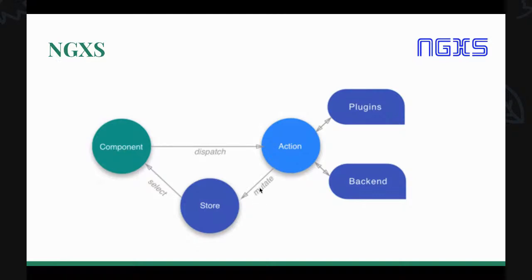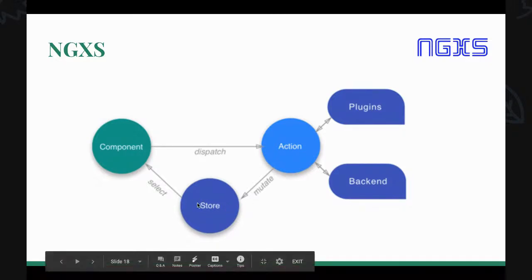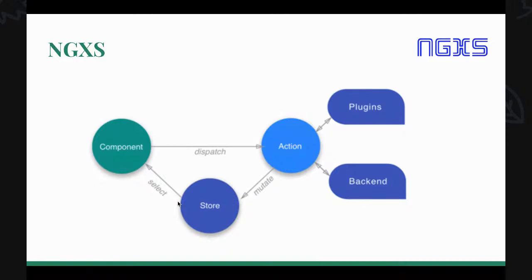This action is now responsible for changing the state. Mutate is a word for change. So it's changing the global store. He liked it, so maybe I'm going to add +1 to the post that I'm seeing. This entire action is changing the store, and now this component has to refresh, right?